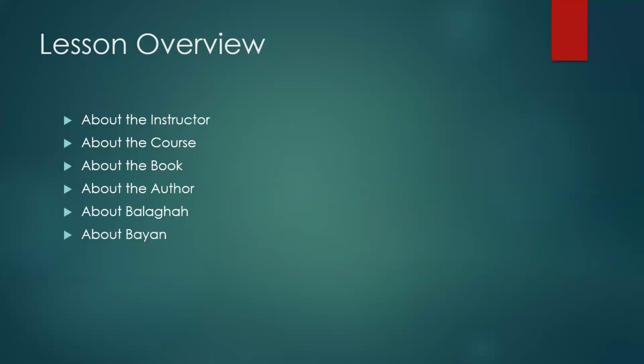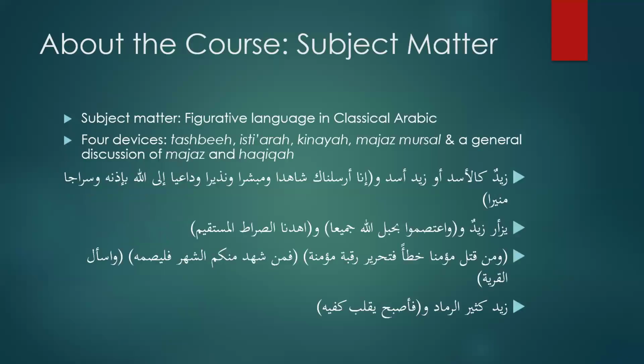About the course. Let's talk about the course and the course material. The course material is Ilm al-Bayan, right? Ilm al-Bayan is a part of balagha. It's one of the three disciplines of balagha, but in particular, Ilm al-Bayan is concerned with the discussion of figurative language in classical Arabic.